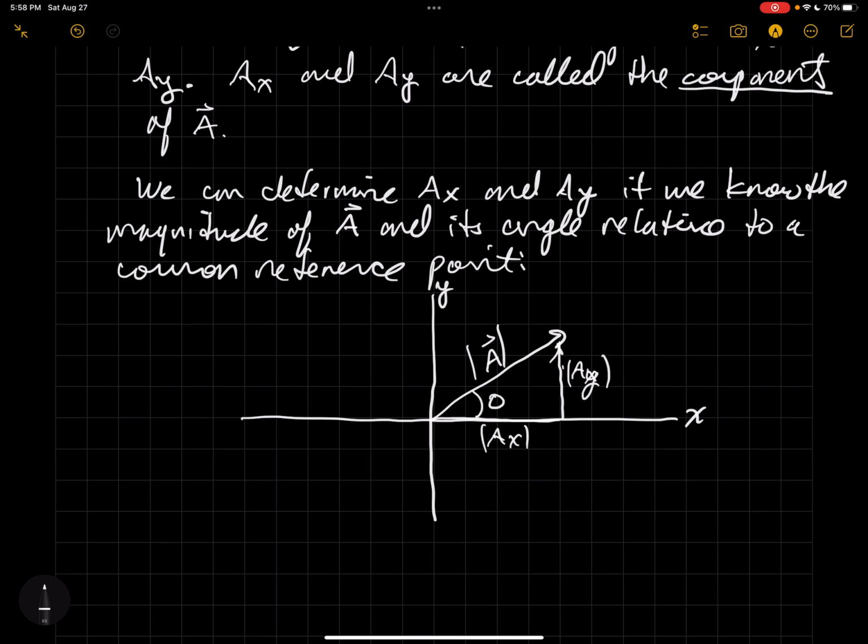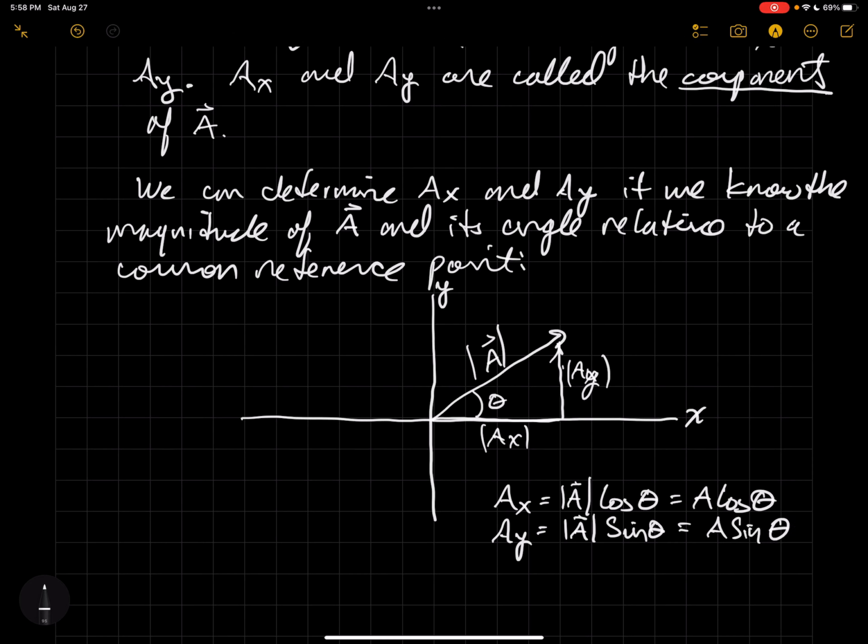And if we know, for example, theta, the angle of A, then the component in the x direction of vector A is equal to the magnitude of vector A times cosine theta, which is also just A cosine theta, and the magnitude of component y of vector A is the magnitude of vector A times the sine of theta, which is, of course, equal to A sine theta.